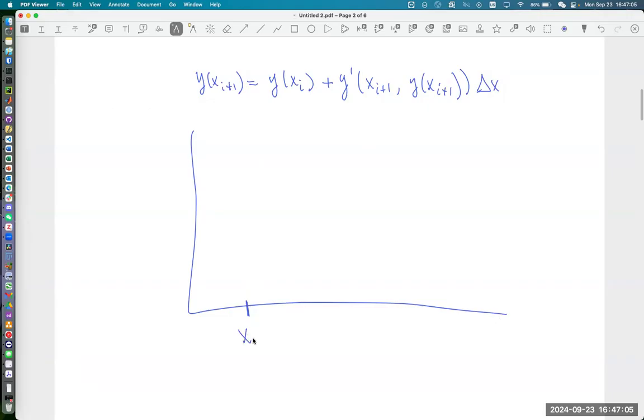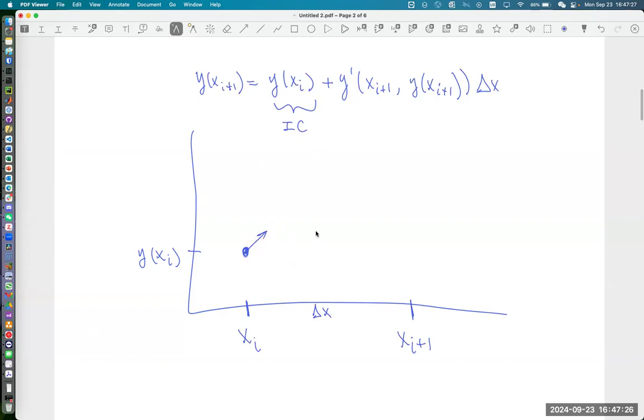So we have an initial point x_i and a final point x_{i+1} separated by delta x. As usual, we know this is the initial condition, so at x_i we have some y of x_i. In forward Euler, we have something like this.